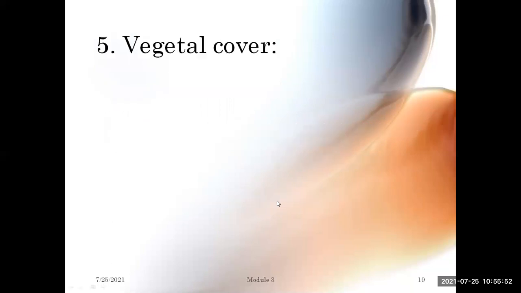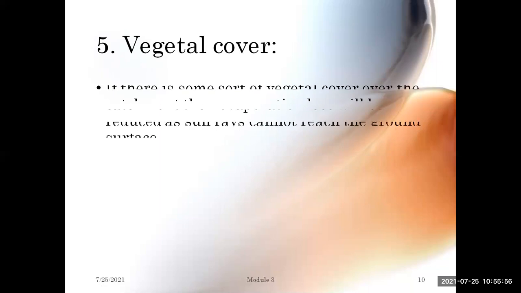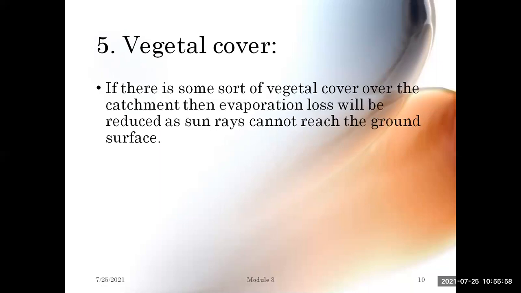And the fifth factor which is affecting the runoff is the vegetal cover. Okay, if there is a vegetal cover, like a dense forest, then the evaporation losses will be less, because the ground surface is covered with the vegetal cover, so the sunlight cannot pass through it and fall onto the ground surface.